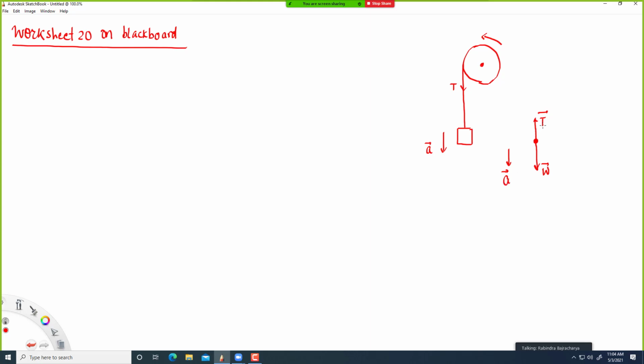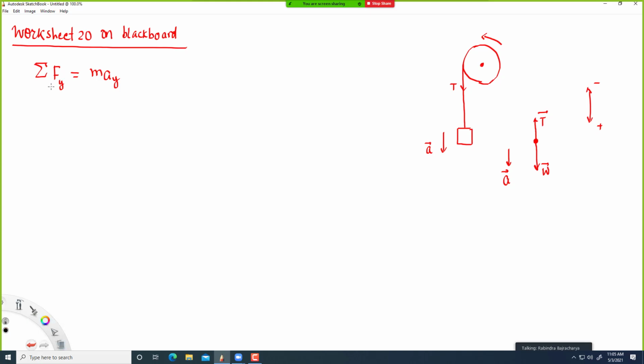We also want to find tension. So we can write Newton's second law for that block. F along y direction is mass times acceleration along y direction, and we need to choose the coordinate. Let's choose the coordinate with the positive along the direction of motion. So this is positive, that's negative.